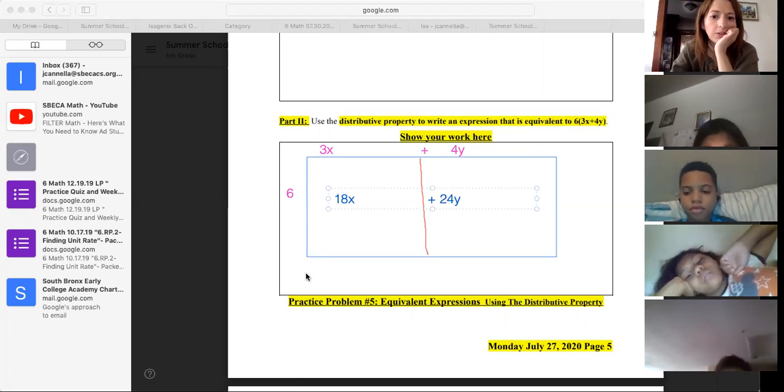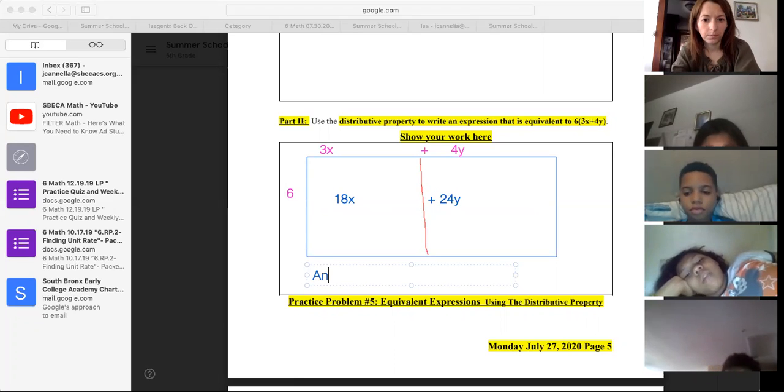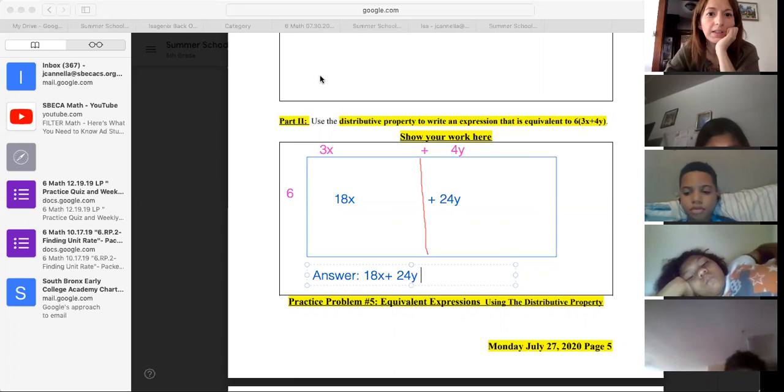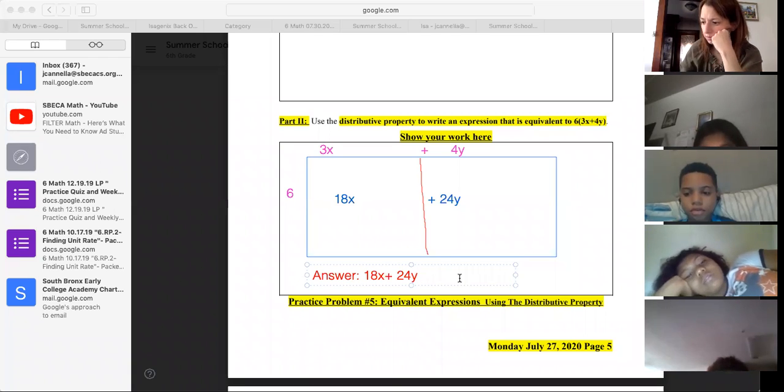So what's the final answer? 18x plus 24y. Beautiful. Write that down, folks. Good job, Leilani. No surprises, guys. Pretty straightforward.